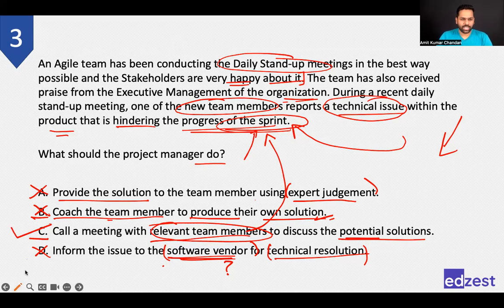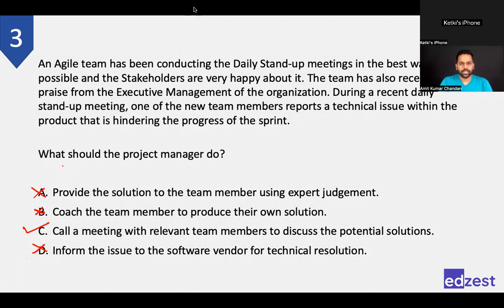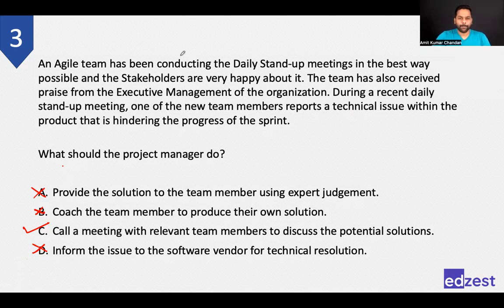Clear everyone why C is best of the lot? Especially why B is not correct. Yes. Can I say something? Yes, please. Yeah, in this question, it says an issue within the product that is hindering the progress of the sprint. So the team member is asking for the solution.